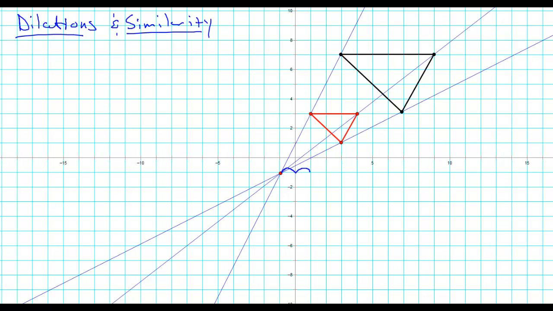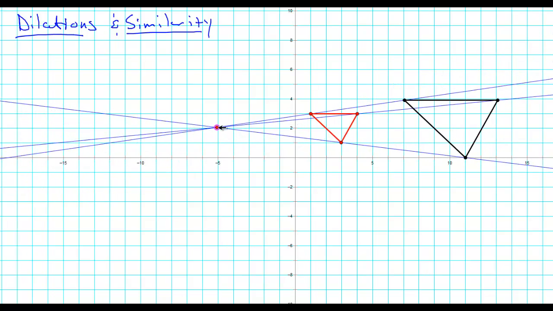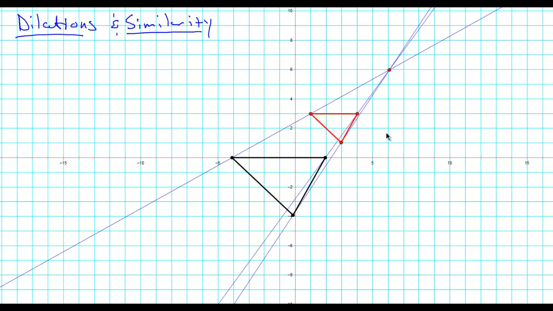So as I move my center of dilation around, does it change my scale factor? If you look at this point, it was 1, 3, and now it's turned into negative 4, 0.